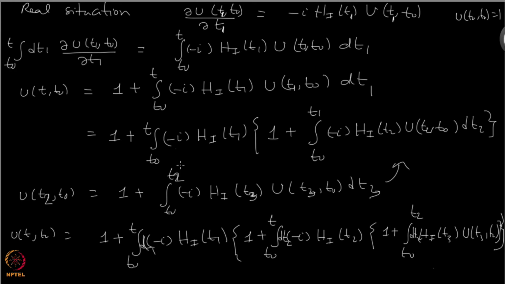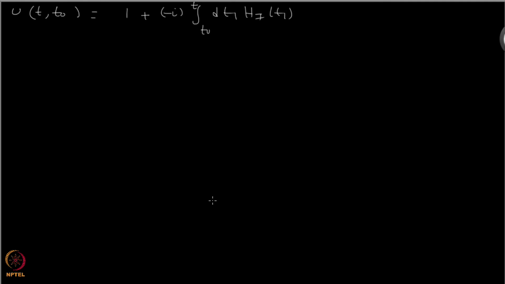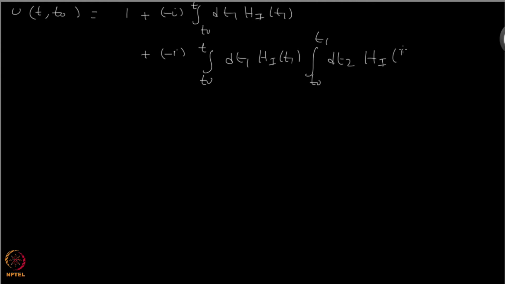Let's go back. This piece, when you are multiplying this with 1, that's what you get. And then you have another term, minus i, integral t naught to t dt1 Hi of t1, and integral t naught to t1 dt2 Hi of t2.